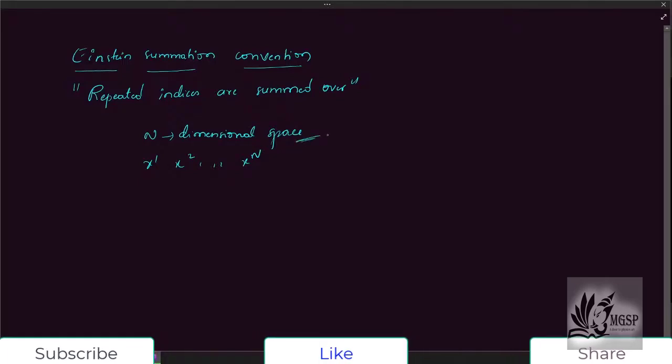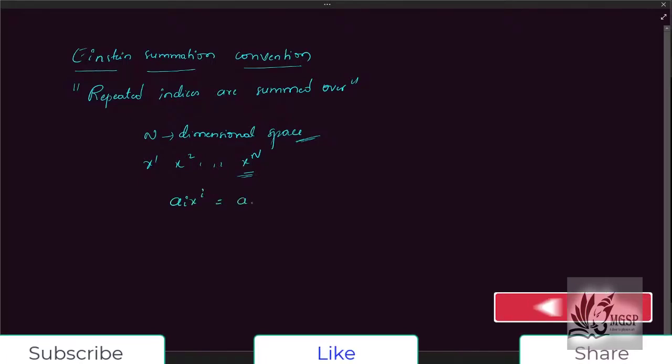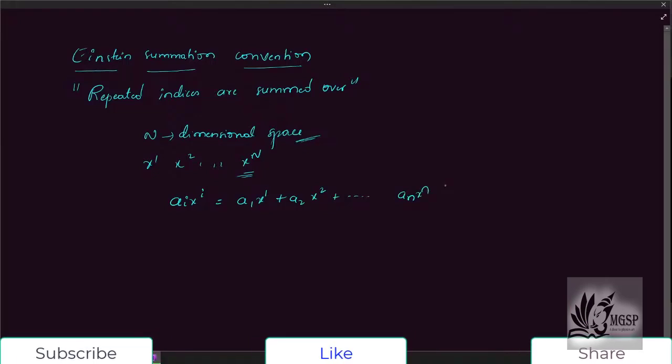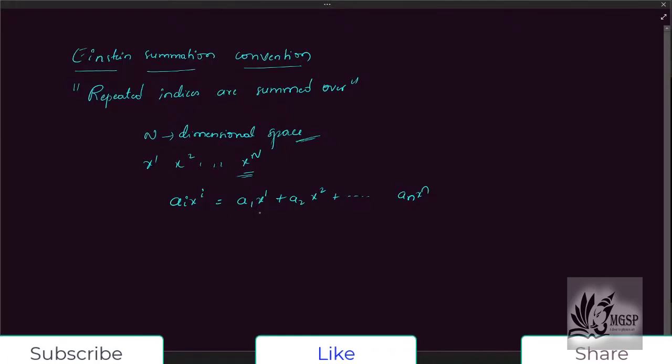It is important to note that these superscripts on x are not powers; you should keep this in mind. In general form, we write a_i x^i as a1 x^1 plus a2 x^2 plus so on up to an x^n. This is the summing of repeated indices. If the indices are repeated, we just sum them.